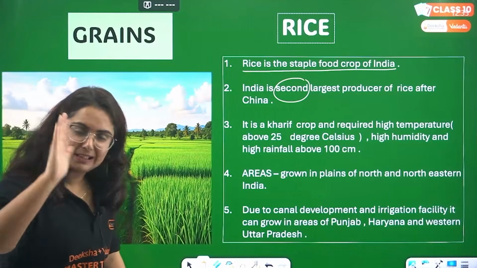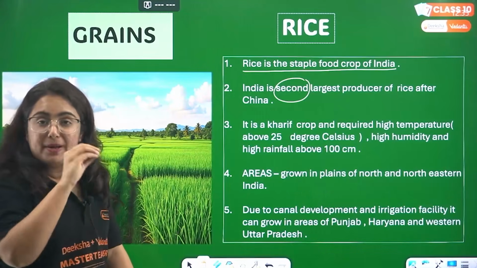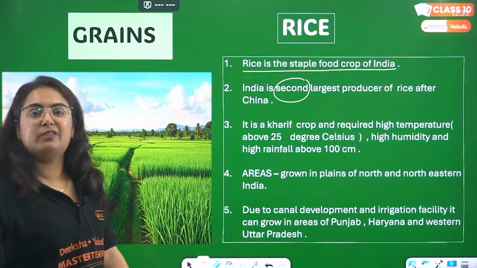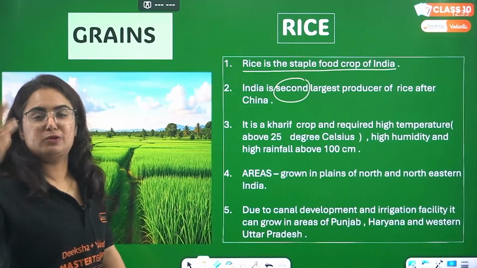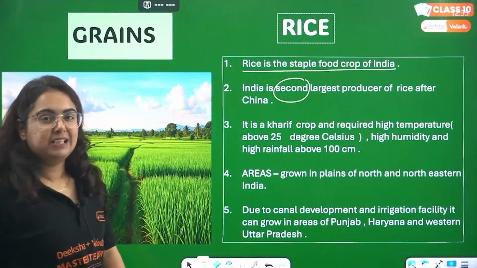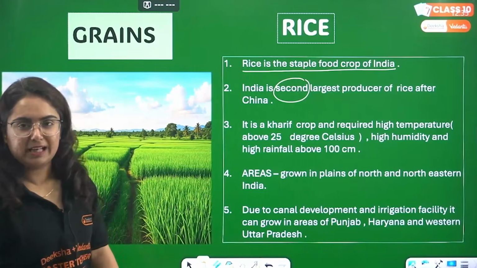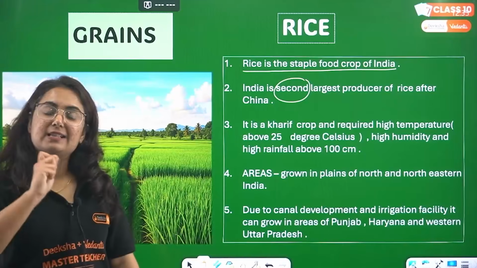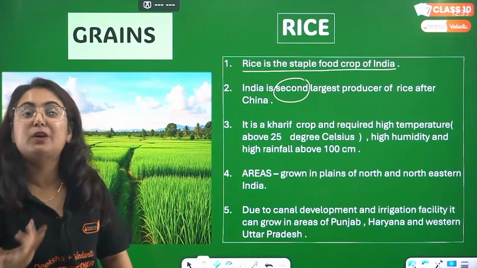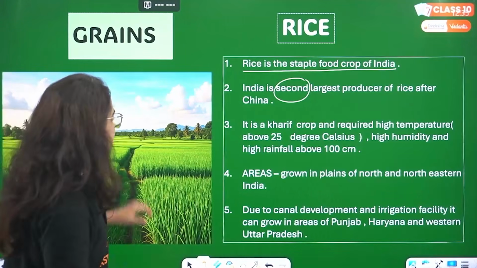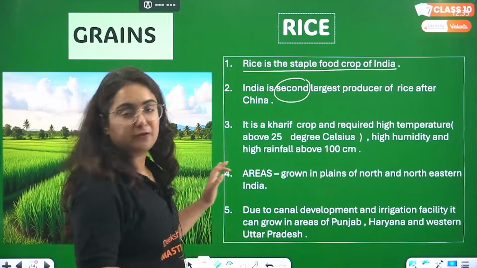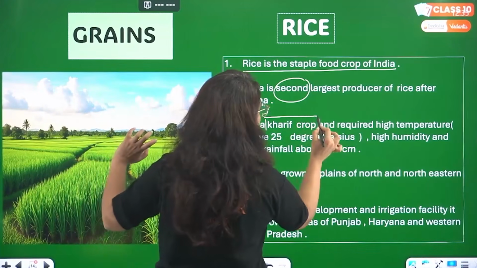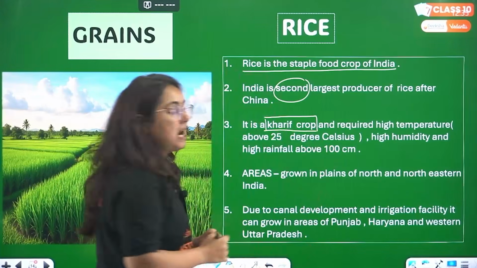Beta, in this particular book, in the majority of chapters you will find that India is second largest producer after China. But it doesn't mean that we will write the same line in everything. For that you can make a list of the fields in which India is not the second largest producer. So yes, India is second largest producer of rice after China. Yes, rice is a kharif crop. Rice is what, beta? Kharif crop.